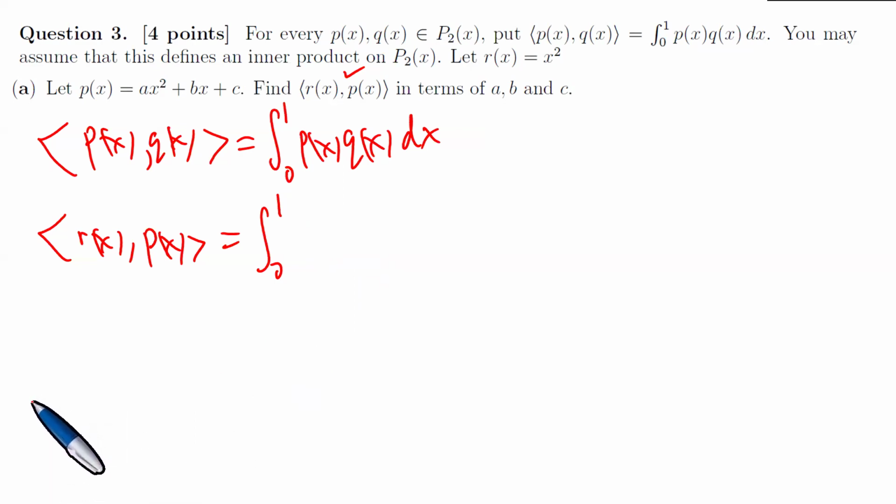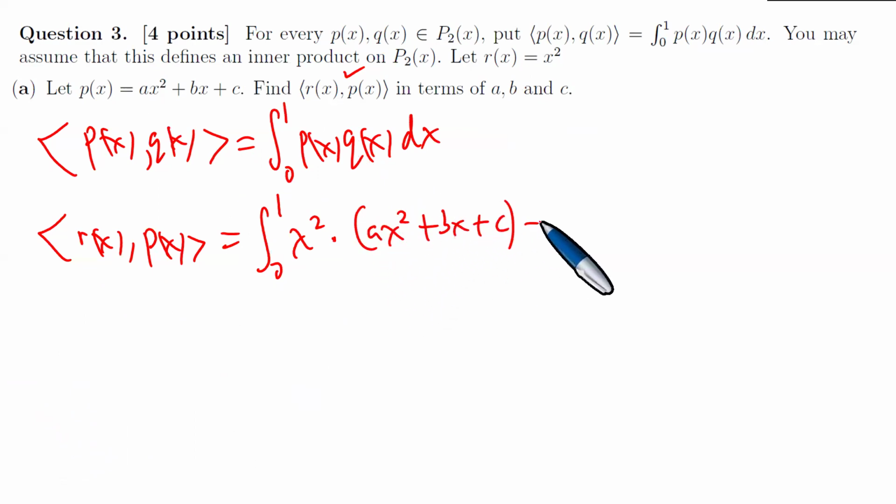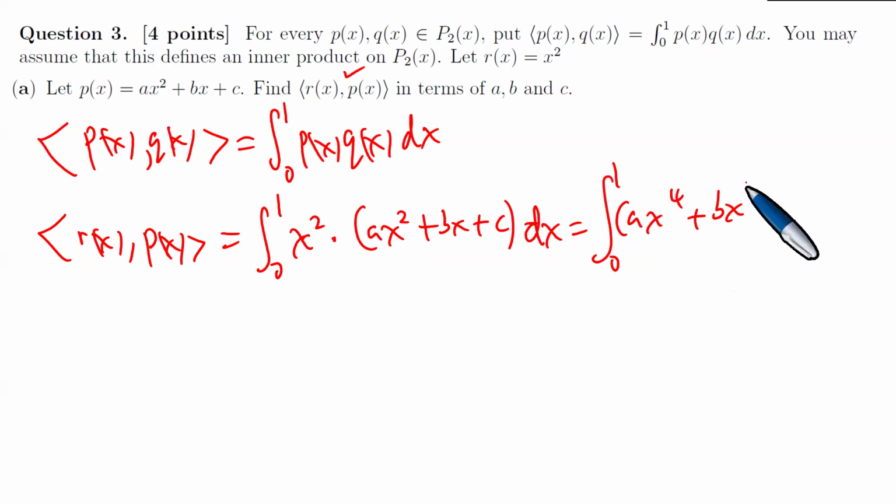So you see, if this is P, Q, R is going to be X squared. And then the second one, P. P is this one, which is AX squared plus BX plus C, dx. The integral from 0 to 1, which is AX to the 4th power, BX cubed plus CX squared dx.